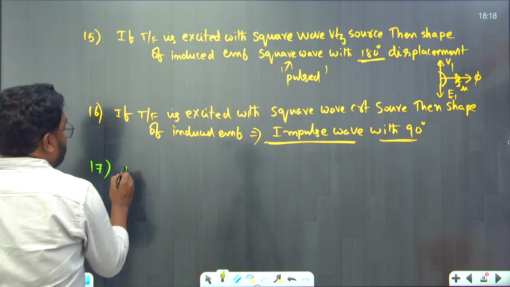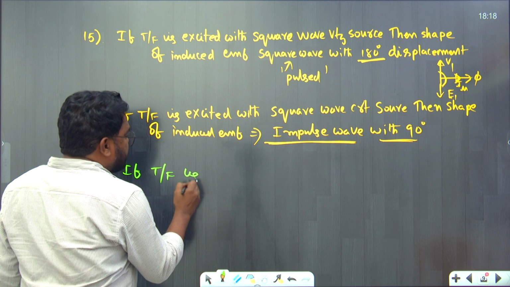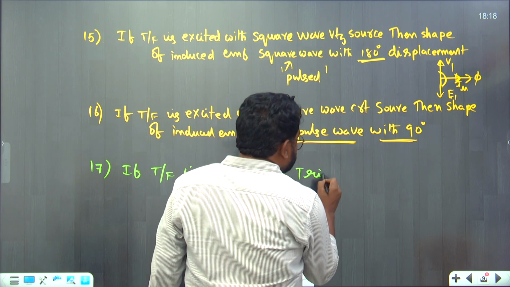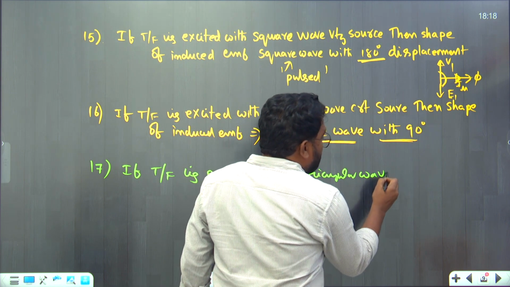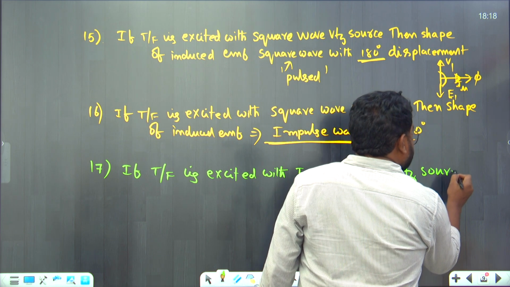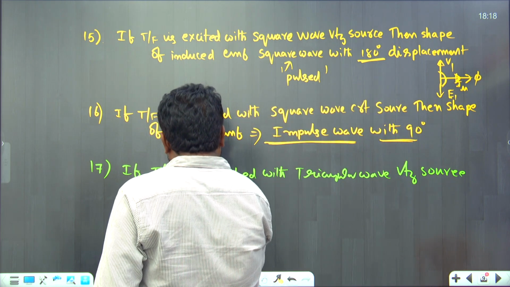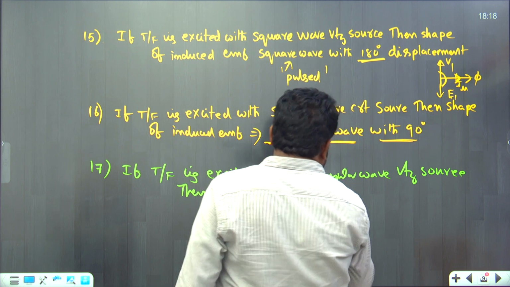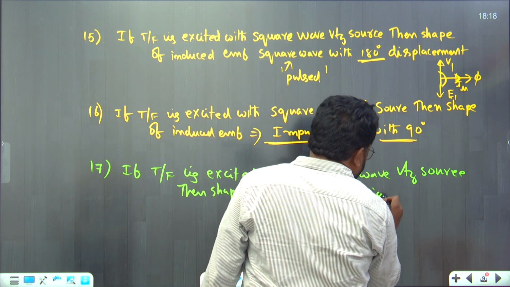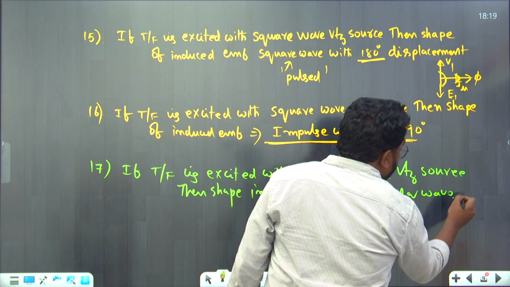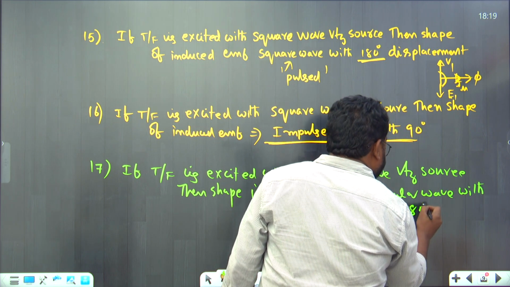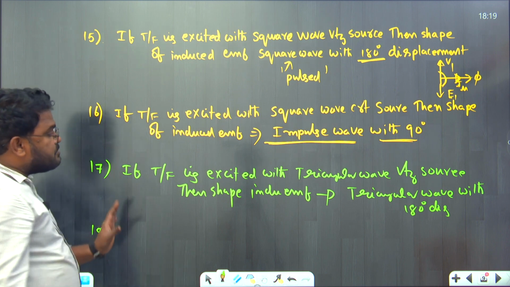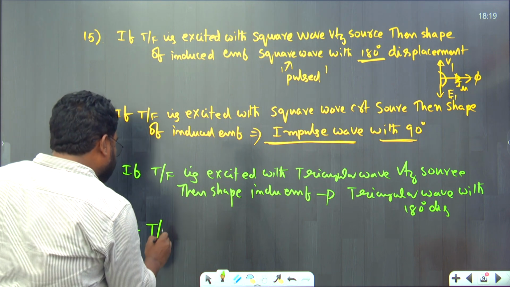And the seventh one: if the transformer is excited with a triangular wave voltage source, then the shape of the induced EMF will be a triangular wave with 180 degree displacement.